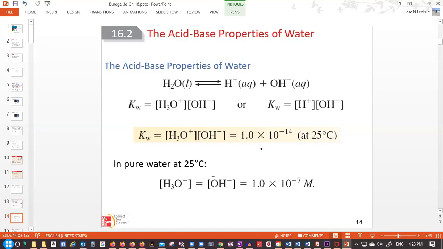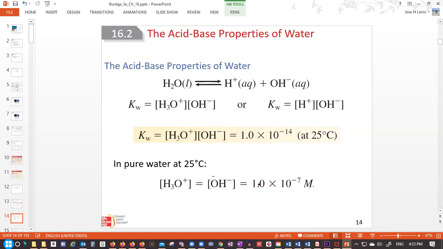If that is true, it means that at 25 degrees Celsius for pure water, the concentration of hydrogen ions equals the concentration of OH minus, which is what? 1.0 times 10 to the negative 7.